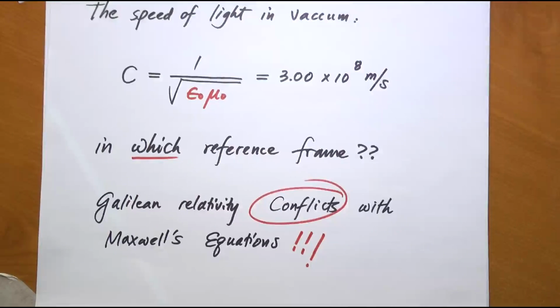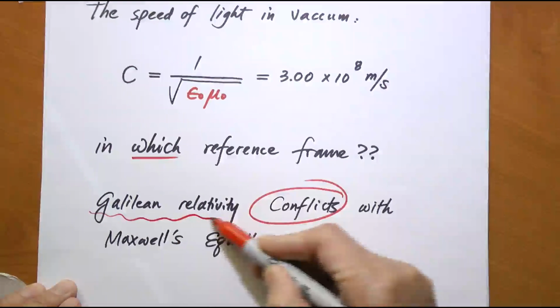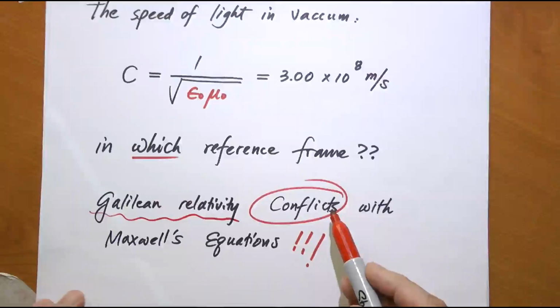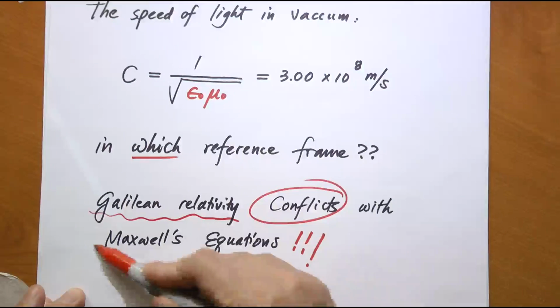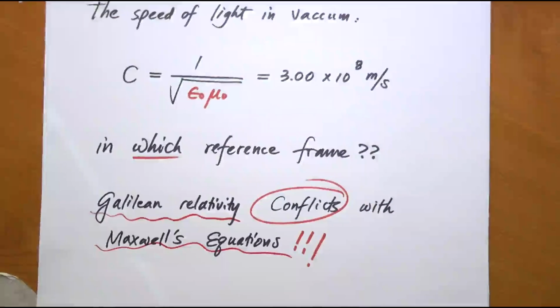This is striking. It tells us that the two things that we took for granted before, one is Galilean relativity, and the other is Maxwell's equations, are actually conflicting with each other. This means that Maxwell's equations, unlike Newton's second law, are valid only in one specific reference frame.